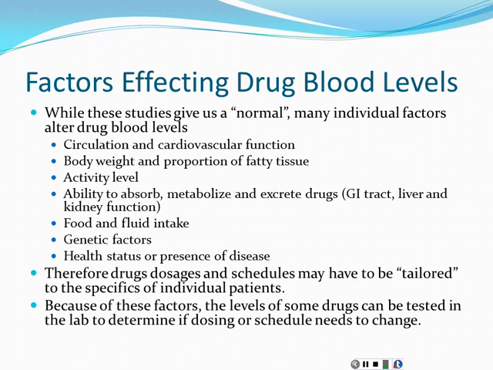Now, when that is particularly important is when the toxic level is very close to the therapeutic level. Because when this is the case, you don't have much room for individual variation. Most medications, it's like this. The therapeutic level is much, much lower than the toxic level. But a great example of the opposite is gentamicin, which is an antibiotic.